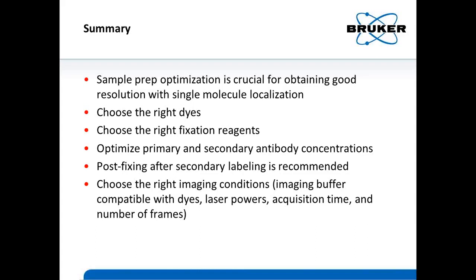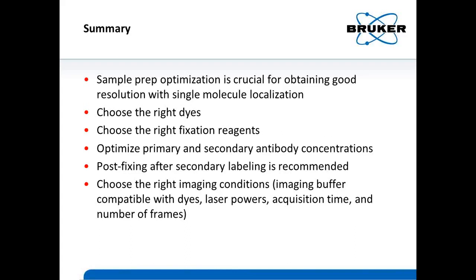What would it take for me to optimize this? Choosing the right fixation reagents matters. What I found was if you're doing cytoskeletal fixation, having a little bit of glutaraldehyde, especially if you're doing tubulin fixation, works really well. Also look at it in cytoskeletal buffer, and optimize the primary and secondary antibody concentrations.